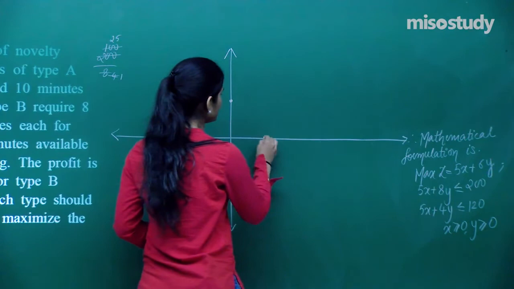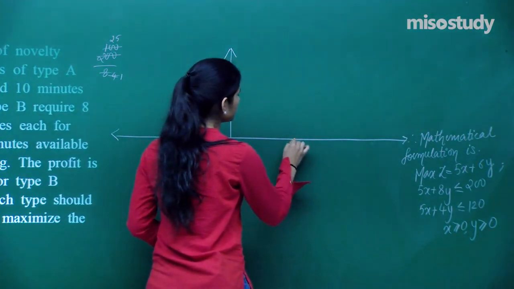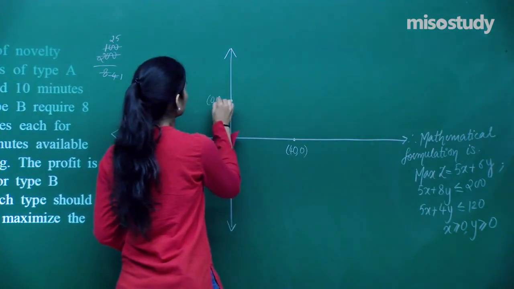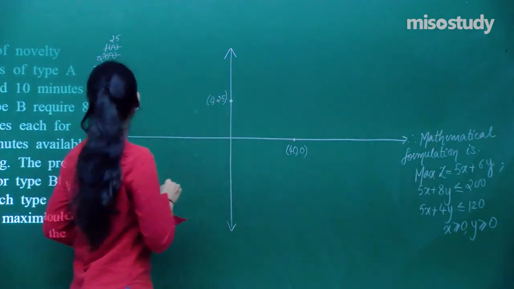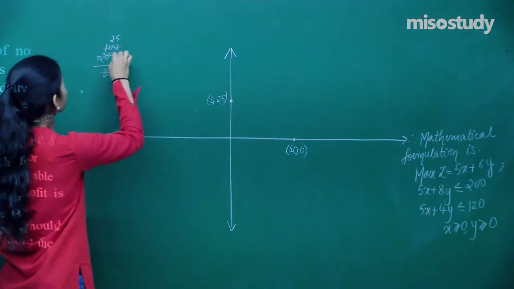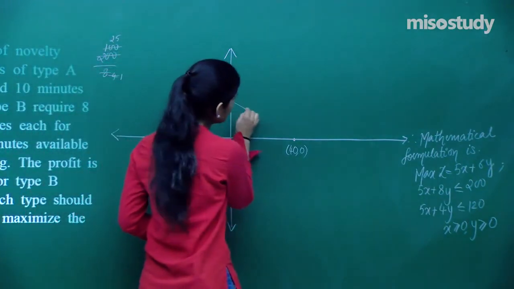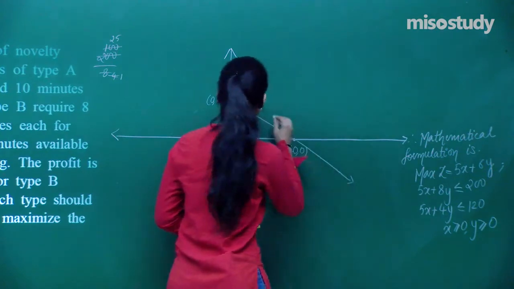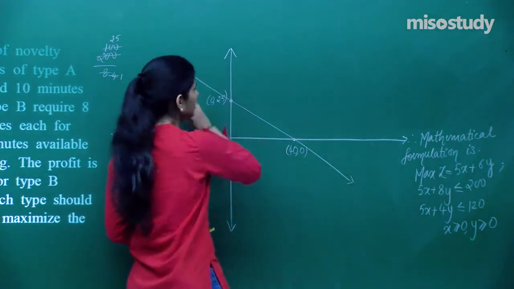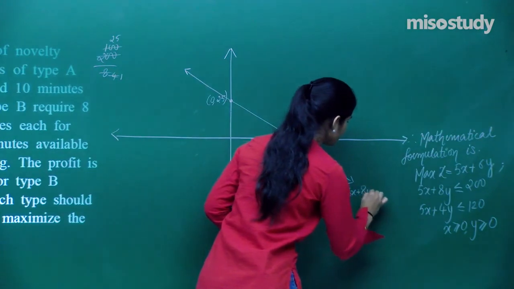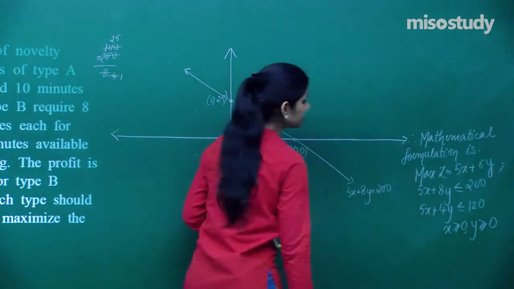This is 10, 20, 30, say this is 40. And this is 0, 25. And when you join these two, this is the equation of the line 5x plus 8y equals 200.